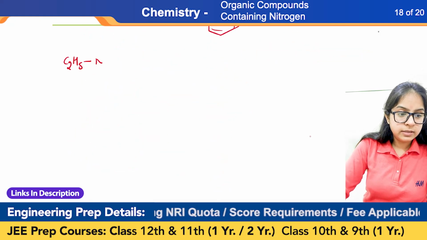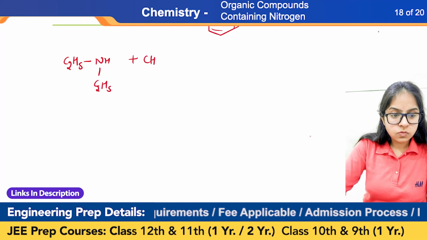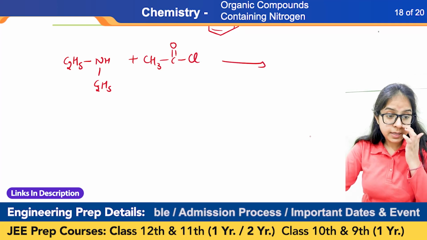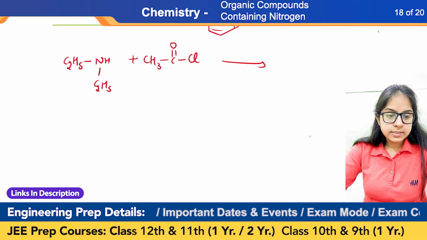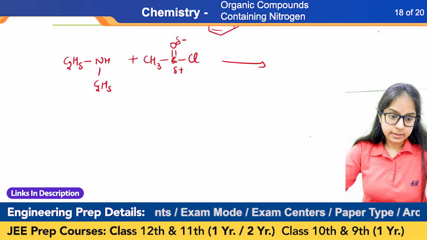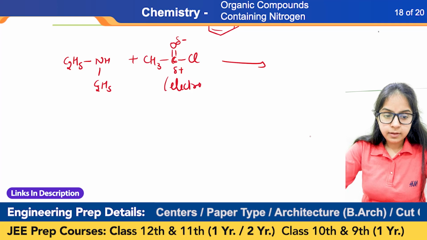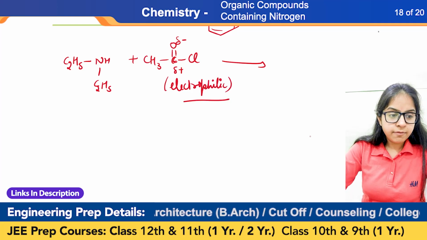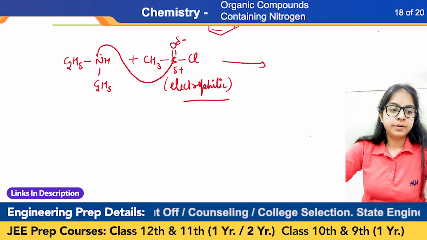C2H5NH2 plus CH3COCl. I just want to give you a glimpse of how this mechanism occurs. This carbon is delta positive and this oxygen will be delta negative, because the carbon is electrophilic and the nitrogen is nucleophilic in nature. So we have a lone pair over here and it is going to attack this carbon.